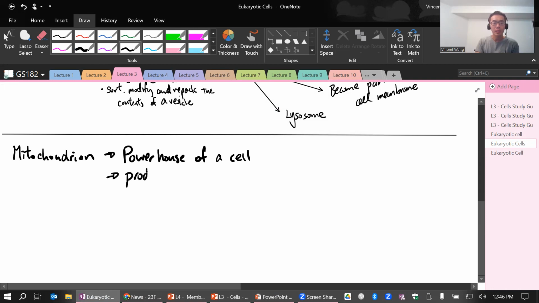It produces ATP using, I guess we can say from, right? From cellular respiration.